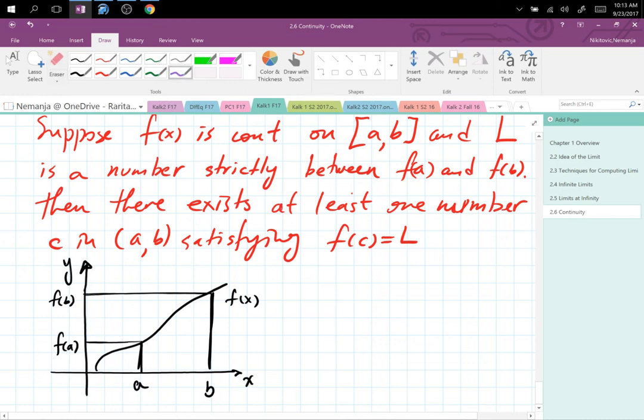Doesn't have to be here. Let's put it closer to f of A. It doesn't matter. So that's your L. And I say that that L was produced by the C, and that L is f of C. So you see how C is between A and B, and L is between these guys.